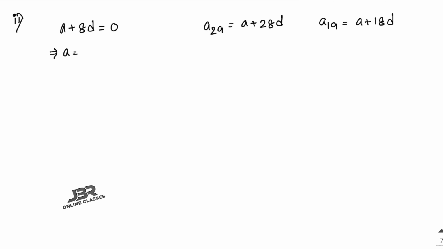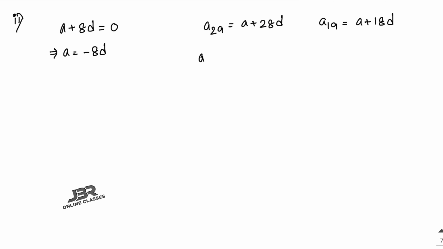If the ninth term of an AP is 0, ninth term means a plus 8d, that equals 0. Prove that the 20th term, a20, that means a plus 19d, is double the 10th term. Sorry: a29, that means a plus 28d, is double the 19th term, a19, so a plus 18d. So as a plus 8d equals 0, a equals minus 8d.